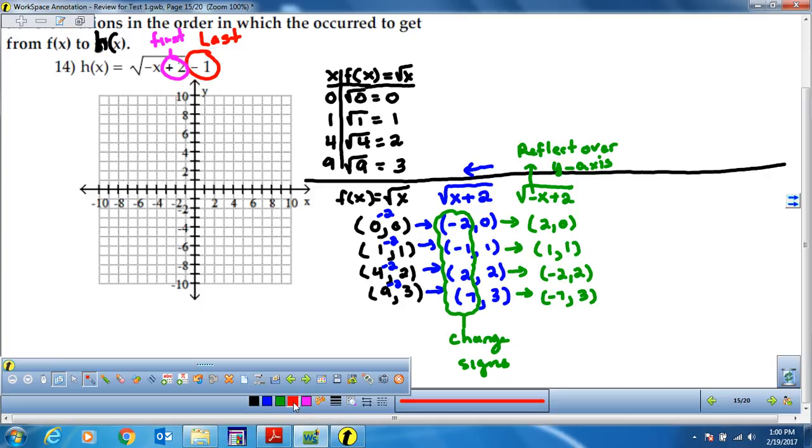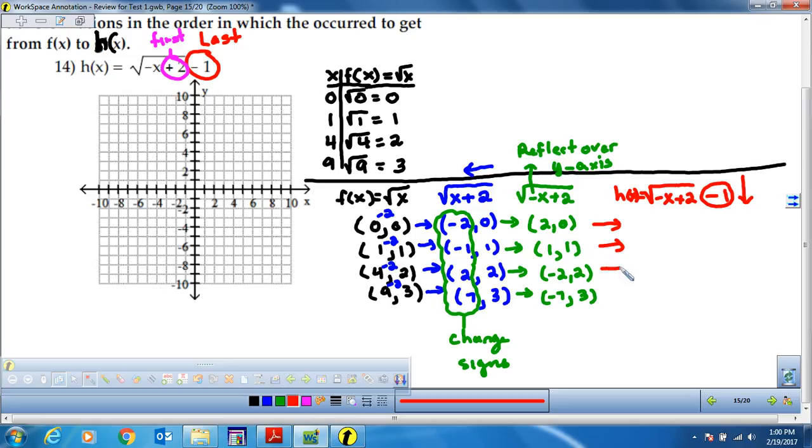And last but not least, it is going to be the minus 1 at the end. So that is my last transformation. We already did the square root of negative x plus 2. The last thing to create the function h of x will be that we need to do the minus 1. And that minus 1, remember what it does on the function, it shifts the graph down 1 unit. And what is the only thing that will be affected in these points if I shift the graph down 1 unit?